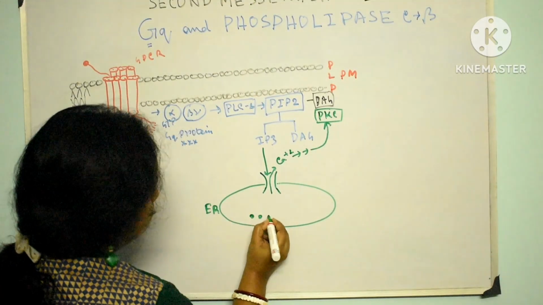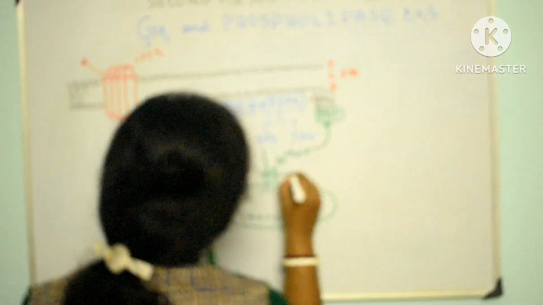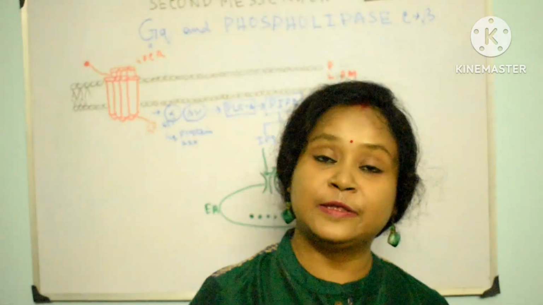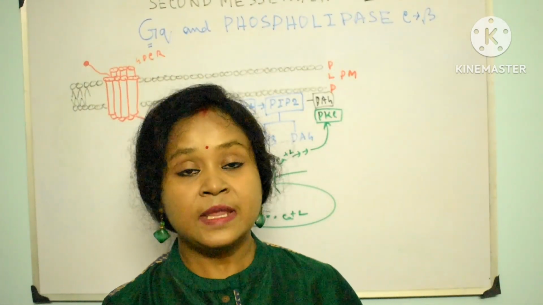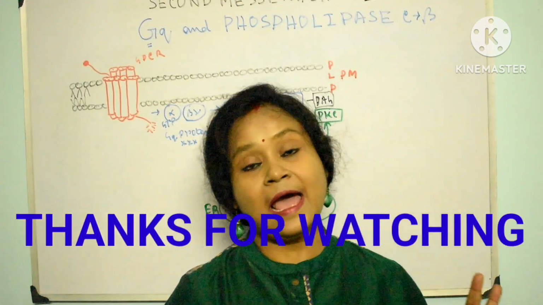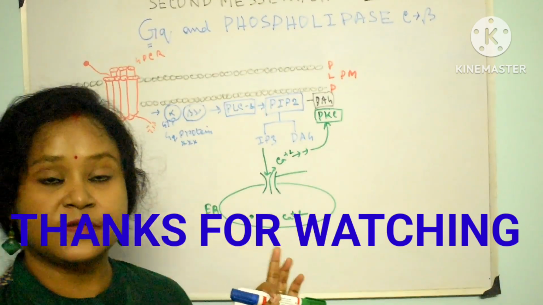Here lots of calcium is there. So this is the diagram of IP3 and DAG. Another second messenger, IP3-DAG, and its working principle with this diagram is now completed.